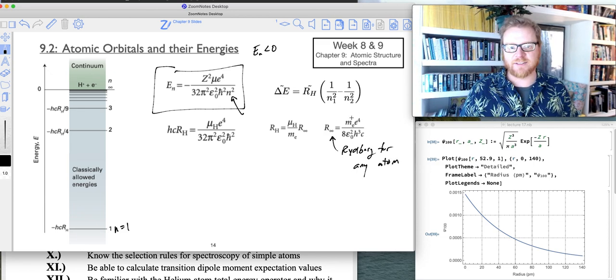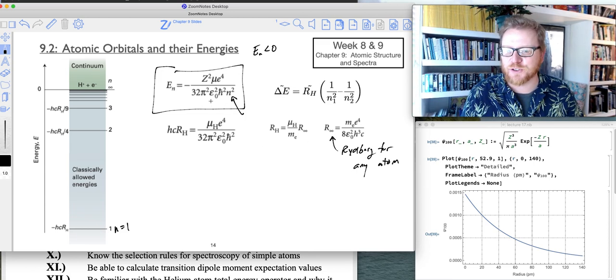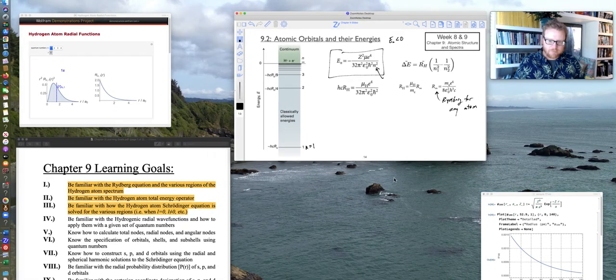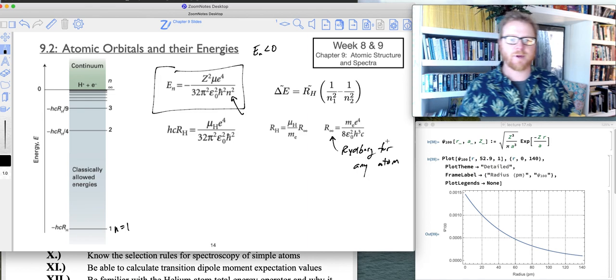We get this constant. It's a collection of all of these constants that you see in this energy solution: e to the 4th power, epsilon squared, h bar squared and h, and I'll describe why those are just slightly different, why we've got the product hc. I'll describe that momentarily.